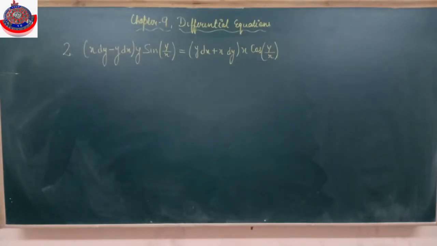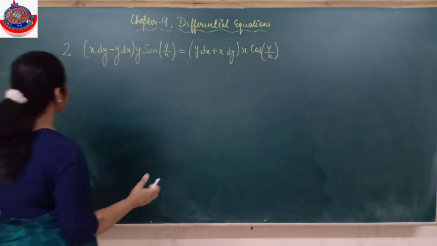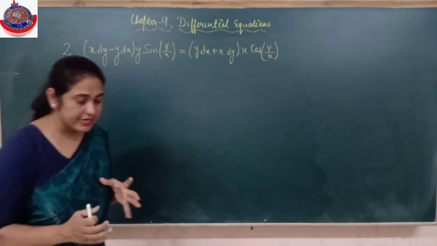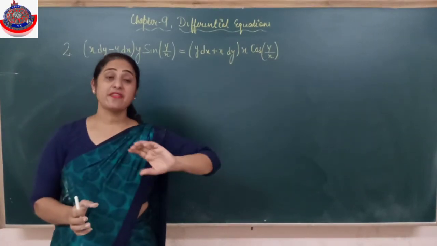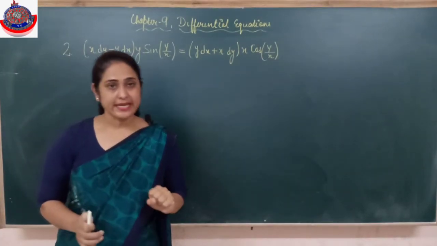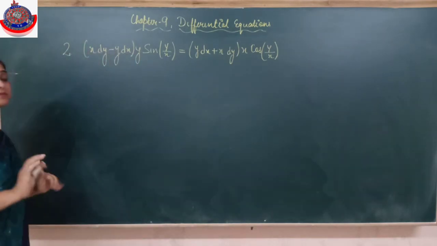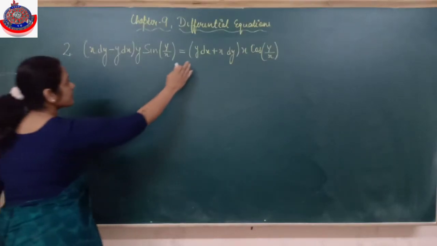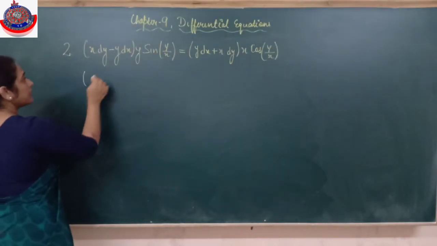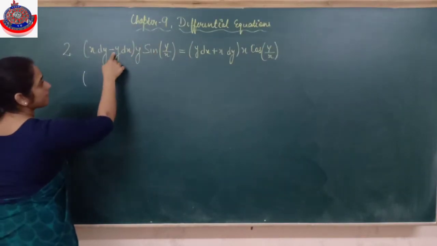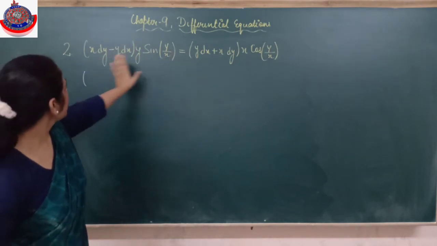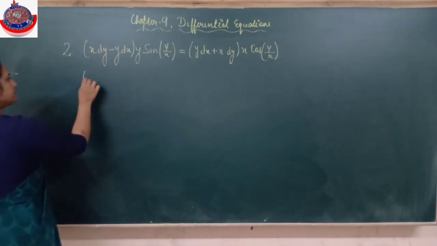Now I have to solve this. Now it's all mixed. X is mixed with dy, dx. So always the first target is dy and dx should be together. Dy upon dx should be on one side. So first of all, I'll collect all the terms containing dx on one side, all the terms containing dy on one side. Let's bring this dx on this side. Or I bring dy so that this negative goes that side and becomes positive. Dy, this term.